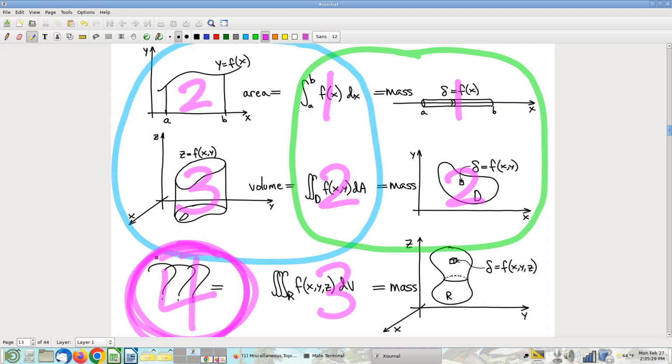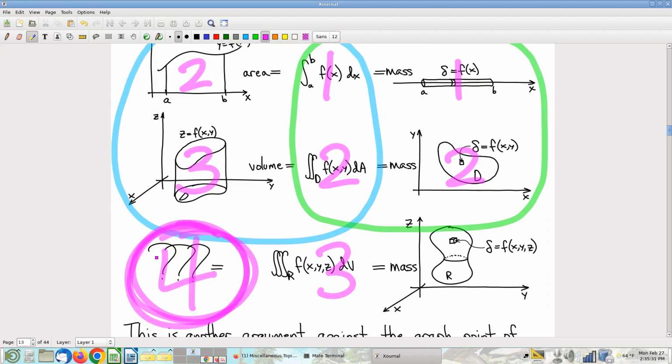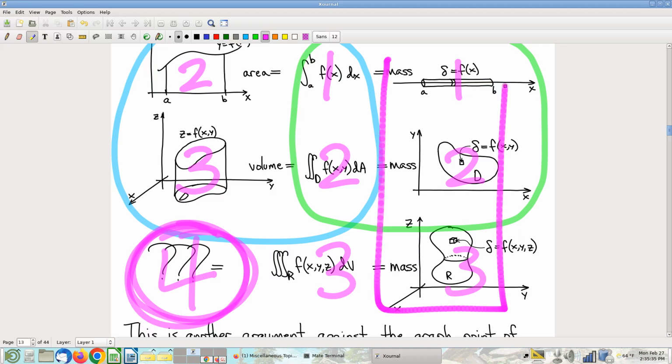So this is yet another reason to think about things from the chop it up, add it up point of view, which makes perfect sense in all of these contexts. A three-dimensional picture for a triple integral, no problem, as opposed to this graph point of view where you really run into trouble.